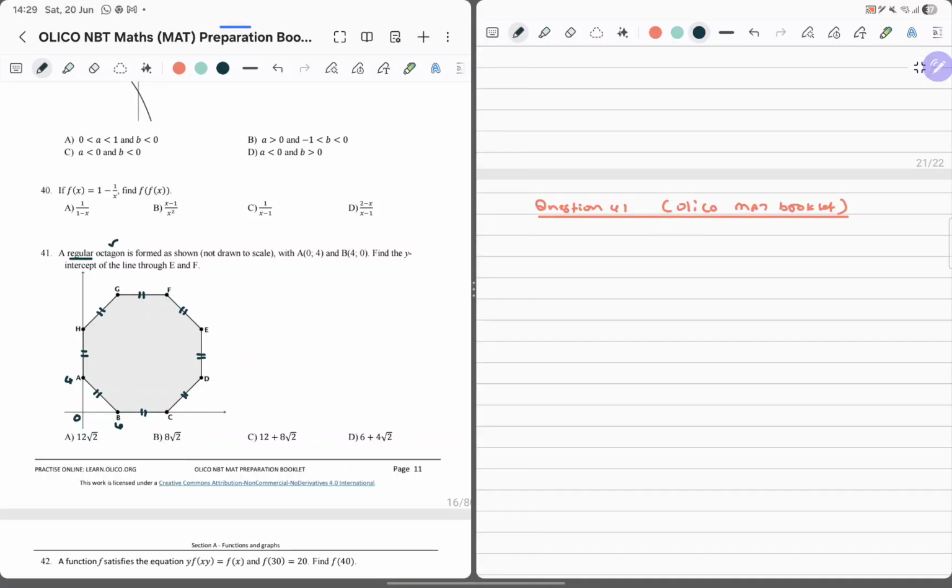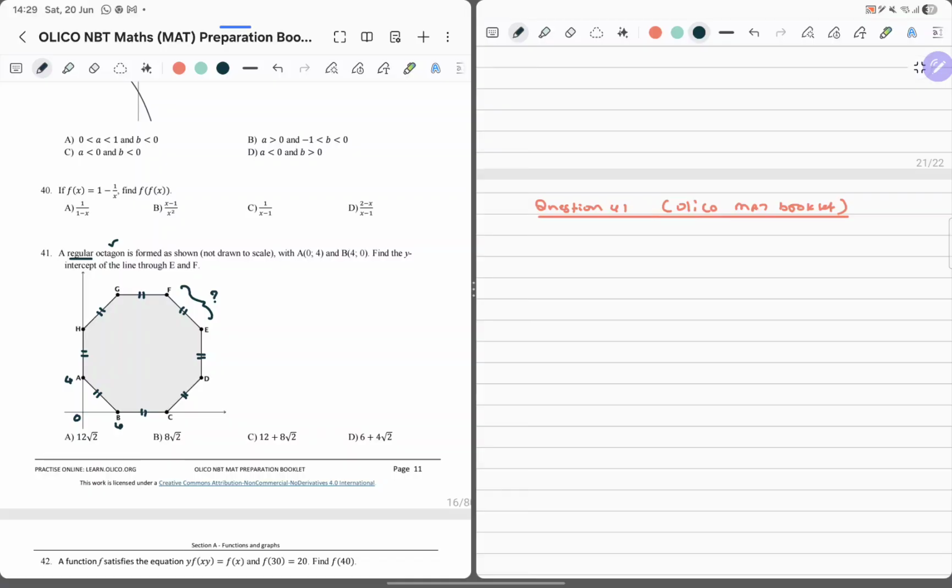So all the sides are equal because it's a regular octagon. Now it says find the y-intercept of the line EF. So this thing is the 1. We want to find the y-intercept, and of course we will find it from working on the equation.